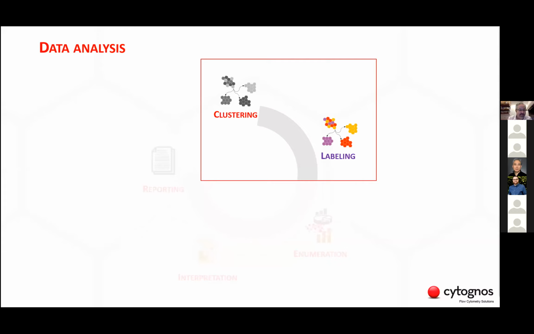And this process of creating groups of events and then labeling them according to the phenotype is probably one of the things that makes Infinisight different from most of the other commercial software around there when we talk about manual analysis.